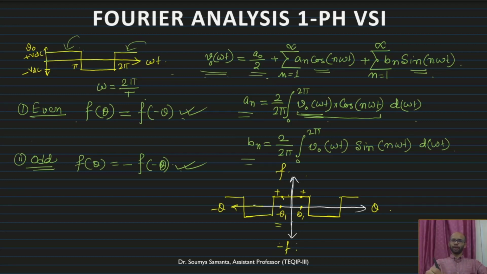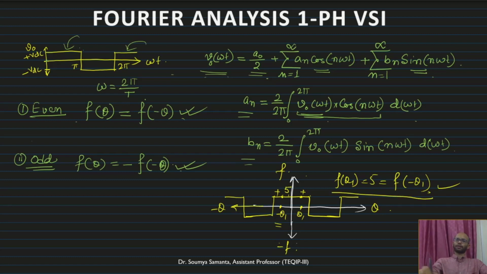F of minus theta is also a positive value. Suppose this is 5. So here f of theta 1 is 5, and f of minus theta 1 is also 5. F of theta 1, which is equal to 5, is equal to f of minus theta 1. So this is satisfied. So this is called the even symmetry.